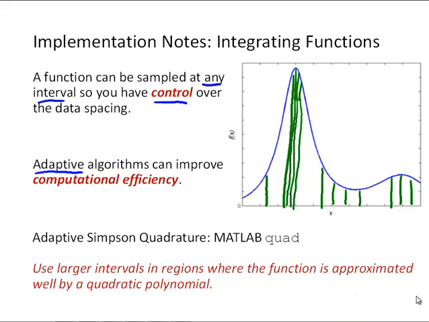And so we have a variable data spacing, and we get increased computational efficiency because we have fewer function evaluations to compute.